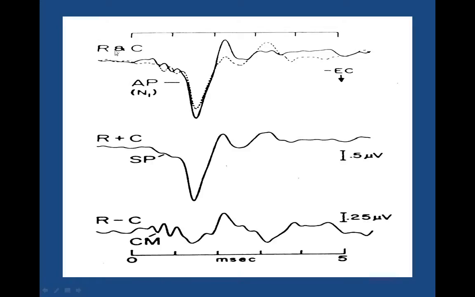So if you do responses to rarefaction and condensation, you can add those together to cancel out the phase locked response, because it's 180 degrees, and that would be the cochlear microphonic, to display this small little shoulder preceding the negative deflection of N1 of the auditory nerve response, the summating potential.